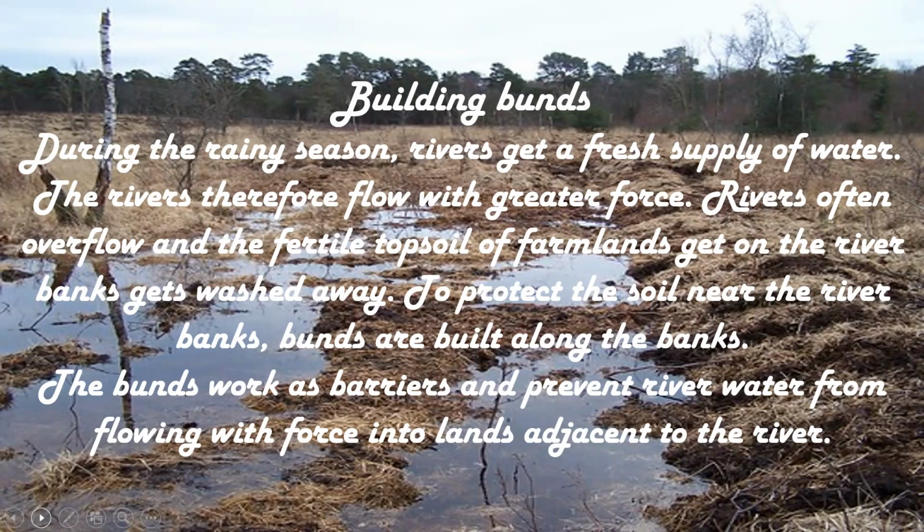Rivers often overflow and the fertile topsoil of farmlands on the river banks gets washed away. To protect the soil near the river banks, bunds are built along the banks. The bunds work as barriers and prevent river water from flowing with force into the lands.